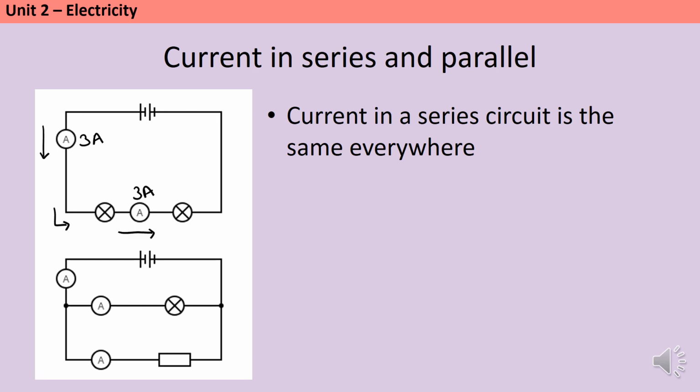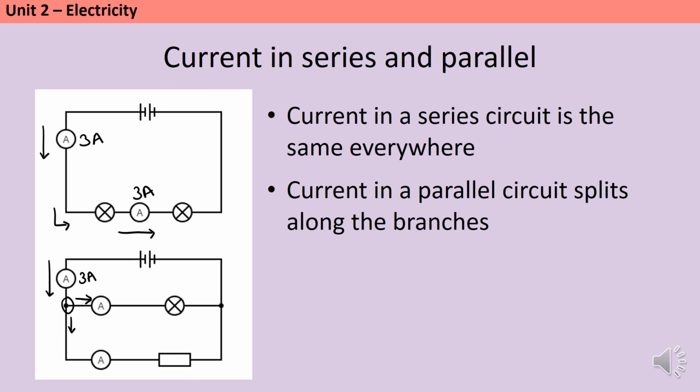It's a slightly different story in a parallel circuit. A certain amount of charge will pass this ammeter each second. Let's say that again the reading is 3 amps. But this time there's a node, and some of the charged particles will go this way, while some of them will go this way. This means that the current in a parallel circuit is going to split along the branches. The exact split will depend upon the resistance of those branches, and we'll worry about that another time.